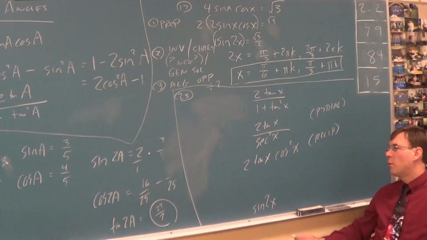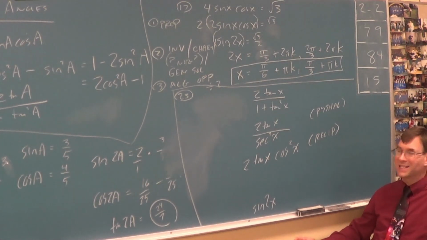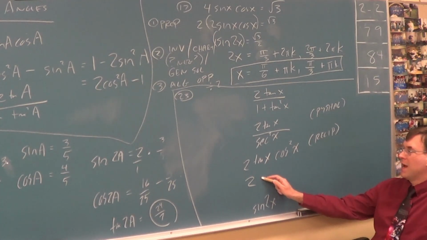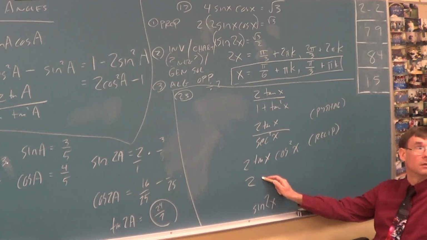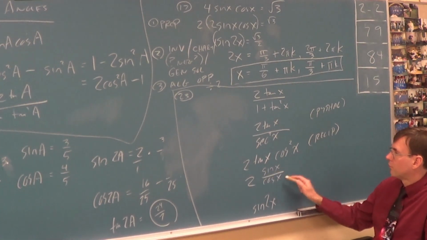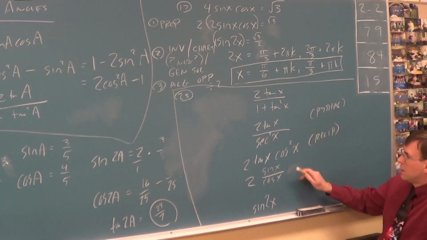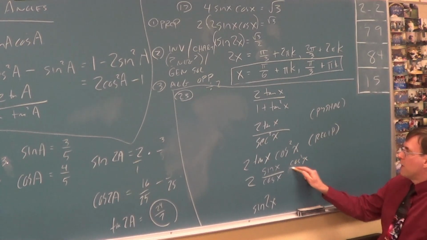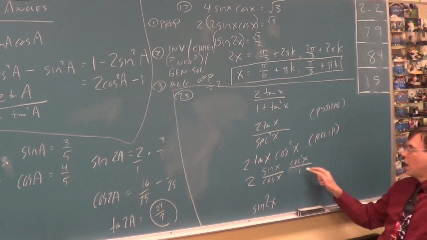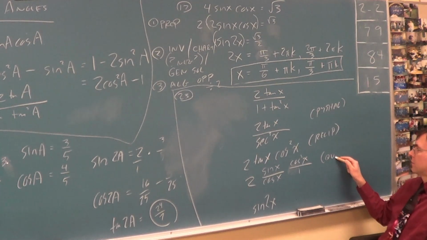Then I'm still following that same bit of advice. Making sines and cosines is always a good idea. How can tan be made into sines and cosines? It is sine over cosine. If it makes you feel any better, you could put that cosine squared over a 1, but that's not necessary.